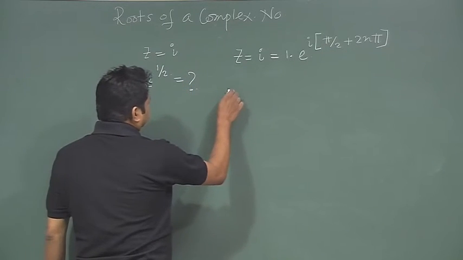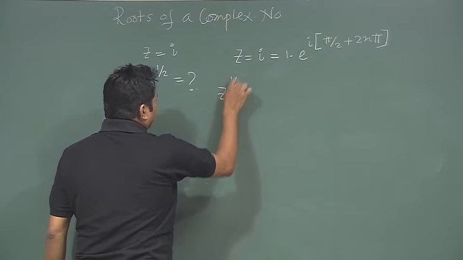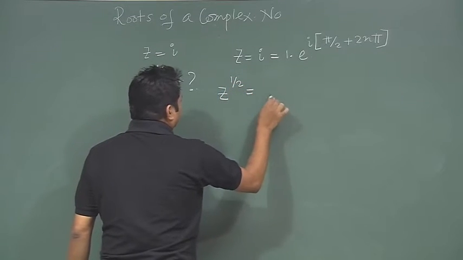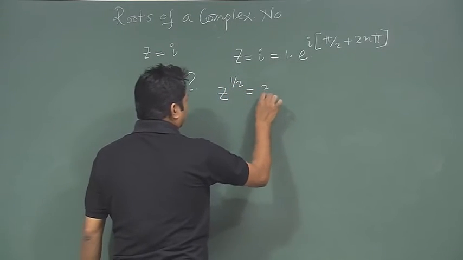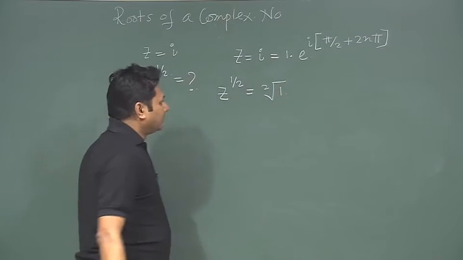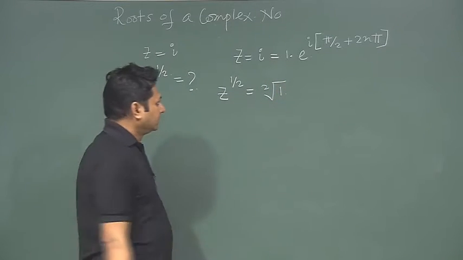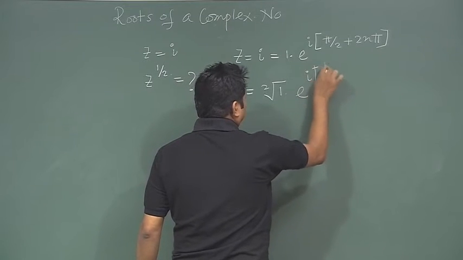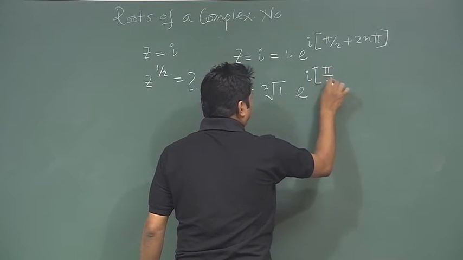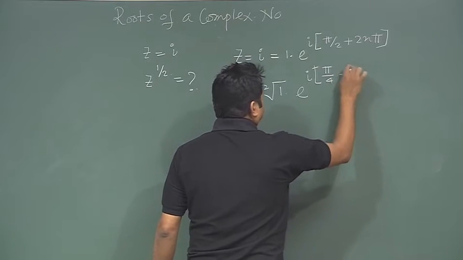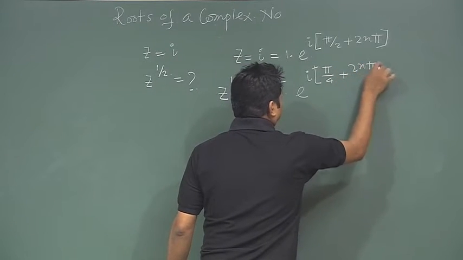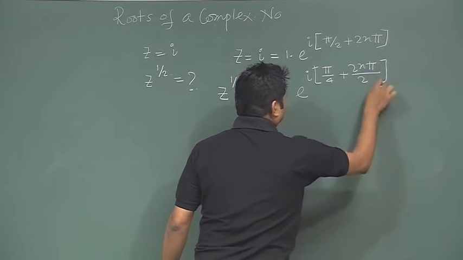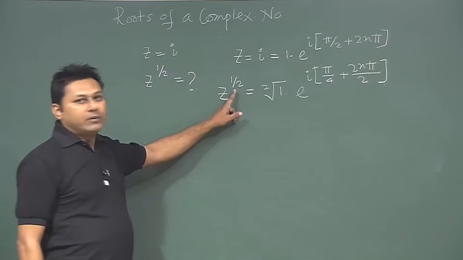Now, z to the power half is 1 to the power half, no problem with that, this remains 1, times e to the power of i (pi by 2 plus 2 n pi) divided by 2, taking everything to the power half.